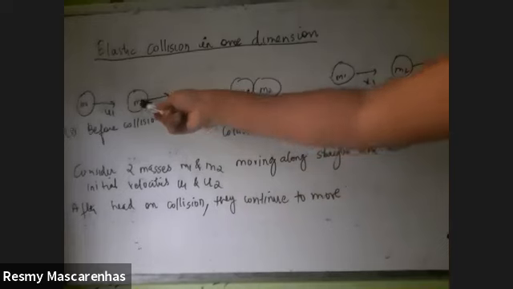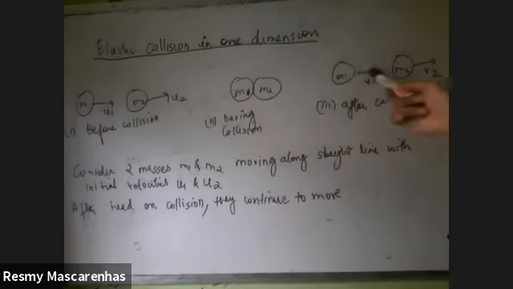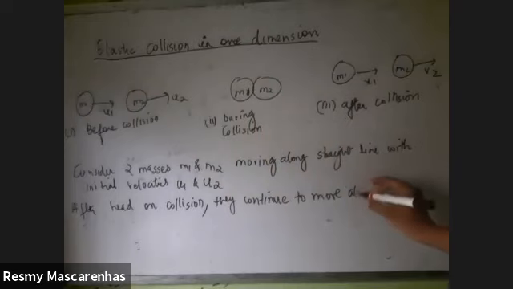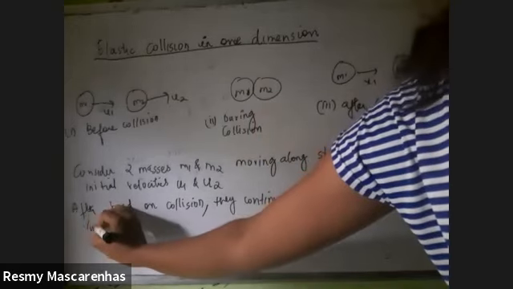Suppose one vehicle was moving, the second vehicle comes and hits the first one, but then they keep moving. They continue to move along a straight line in the same direction.